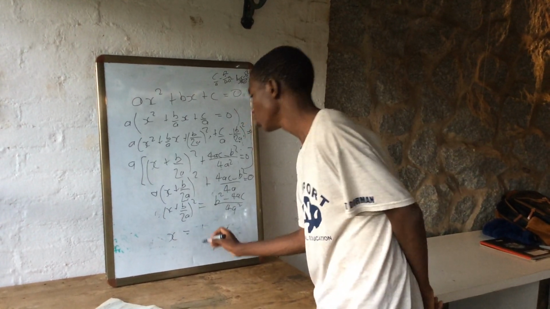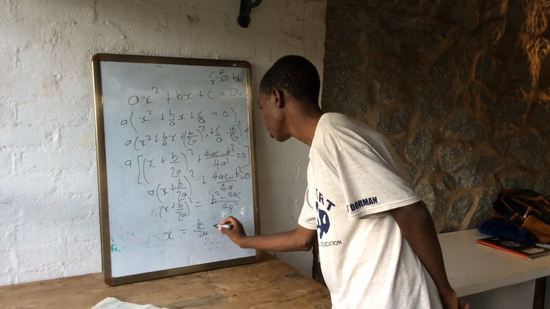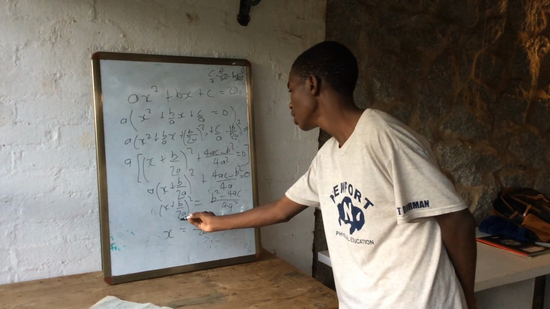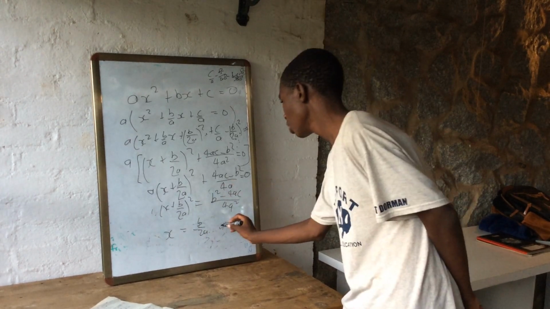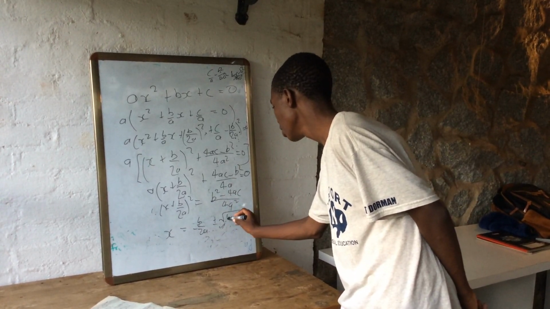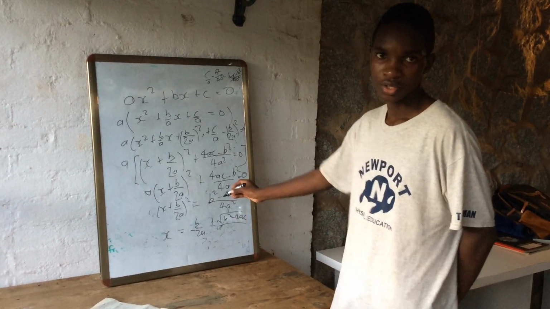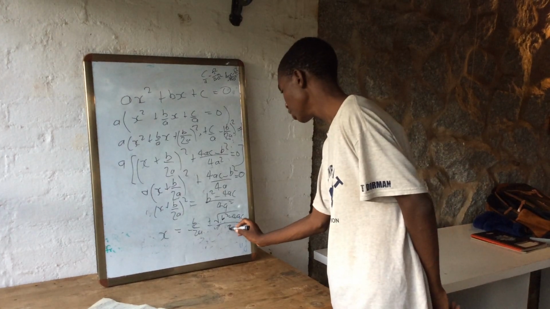x equals minus b over 2a. Then here the a squared is there, we took the square root, so it will be plus or minus the square root of b squared minus 4ac divided by the square root of 4a squared, which is just 2a.